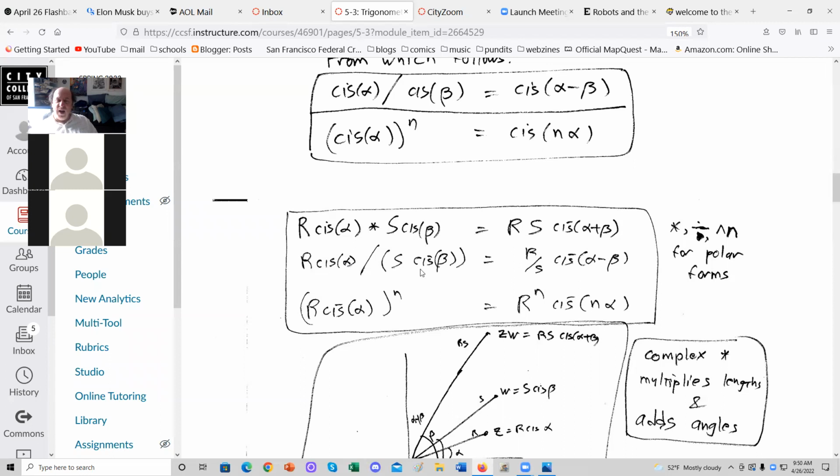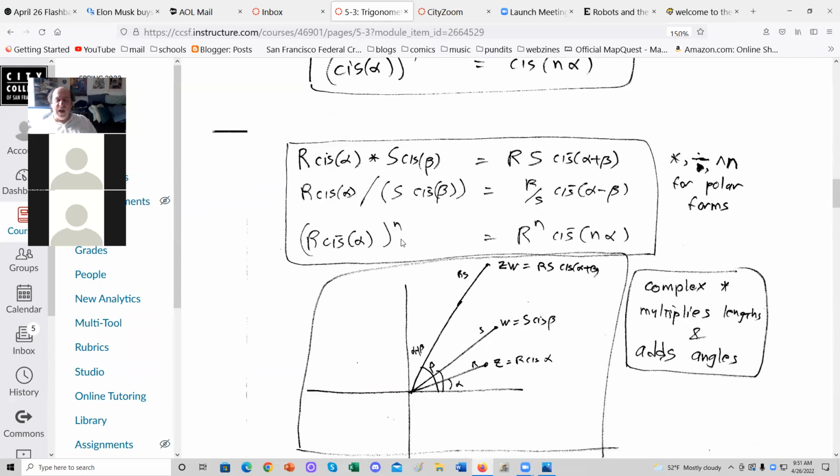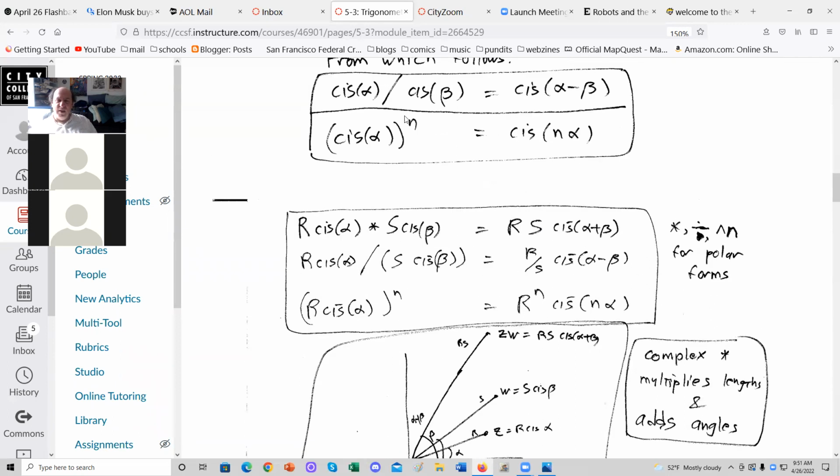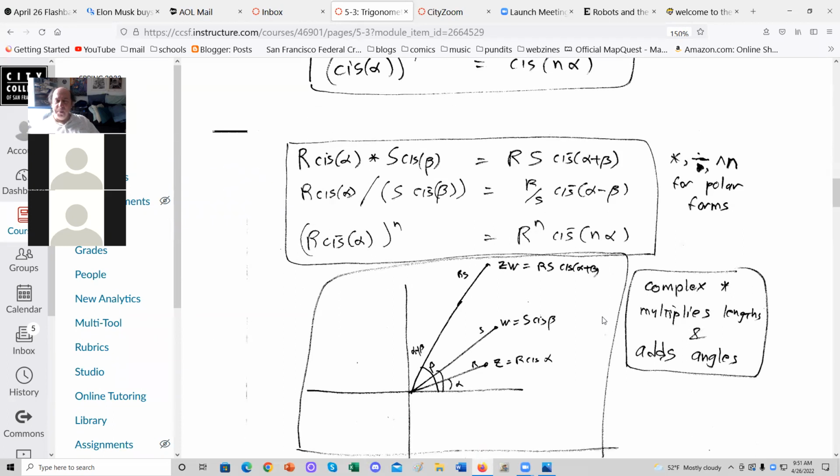So when you divide complex numbers, you take the ratio of their magnitudes times cis of the difference of their angles. And finally, for an nth power, we take the nth power of the radius times cis of n alpha, n times the angle.